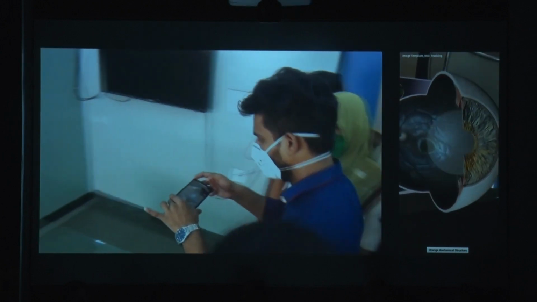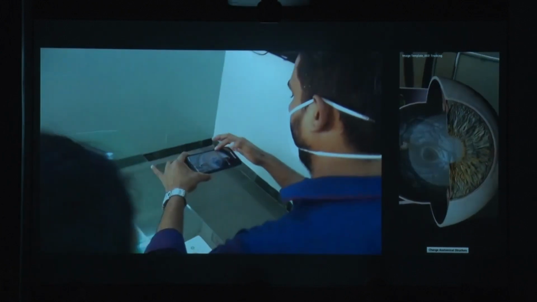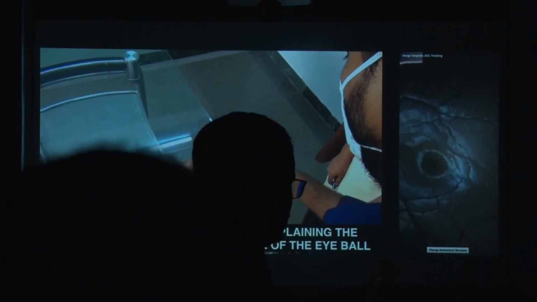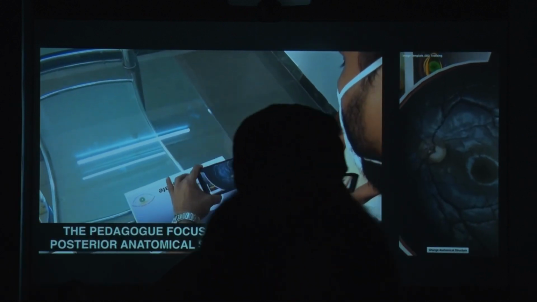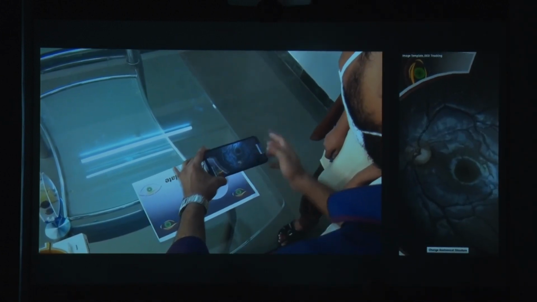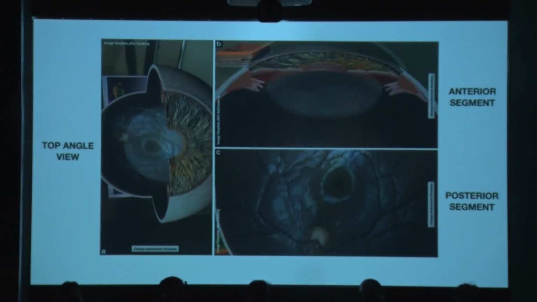The left side video demonstrates the teaching class and the right side video displays the mobile view that the students visualize during the class. Customized multiple views of the same 3D eye model can be viewed by moving the camera accordingly for visualizing multiple angles such as top angle view, anterior segment and posterior segment view.